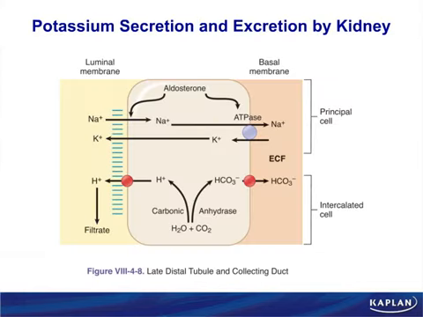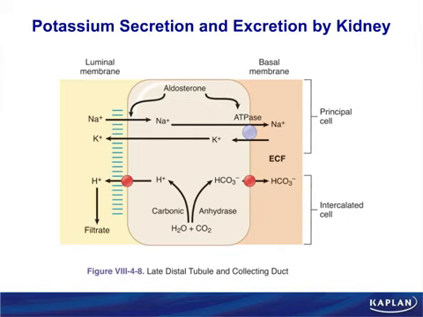So long-term potassium secretion and excretion is controlled by aldosterone in the kidneys. Hyperkalemia is a direct stimulus for aldosterone secretion from the zona glomerulosa, and aldosterone will increase secretion and excretion of potassium from the principal cells.